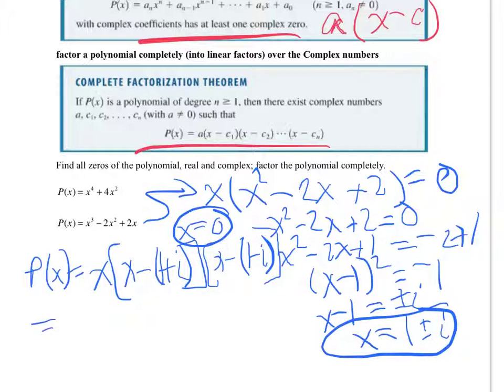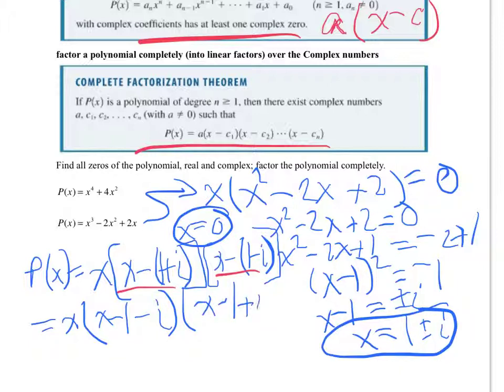And so that equals x times, now in here I'm going to use the distributive property and simplify that. So I get x minus 1 minus i. And in the second one I'll do the same thing. I'll use the distributive property and I get x minus 1 plus i. Like that. So there's the factored form of the polynomial.